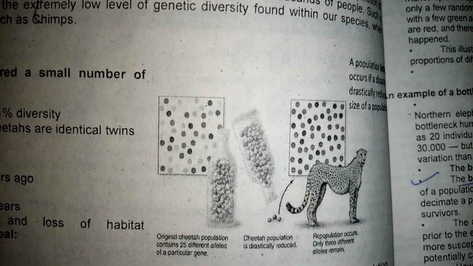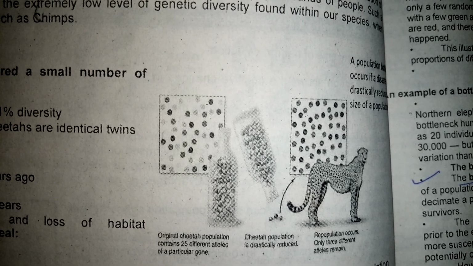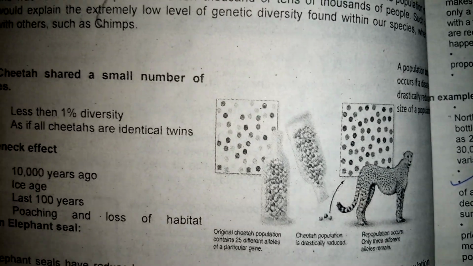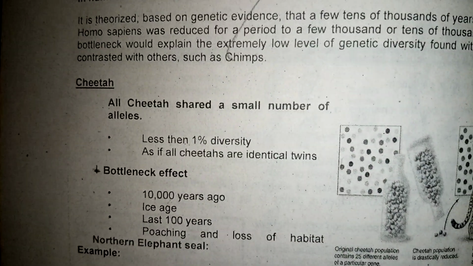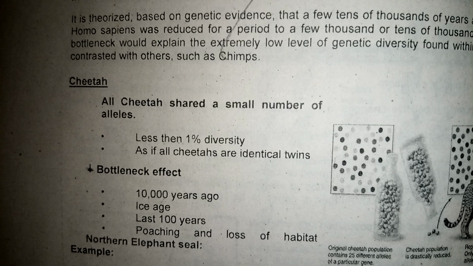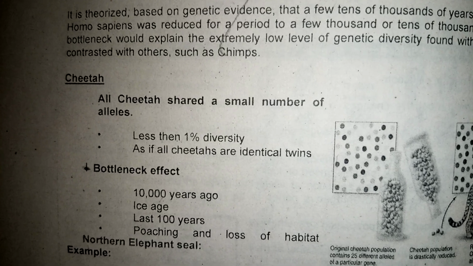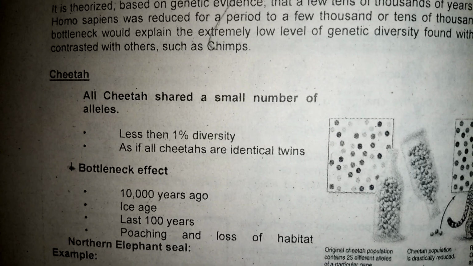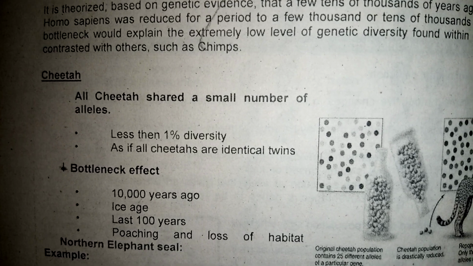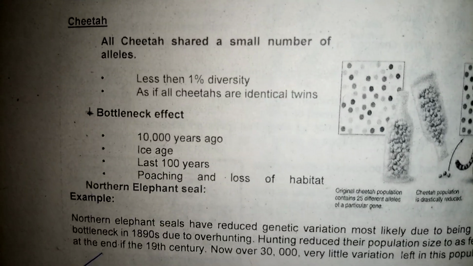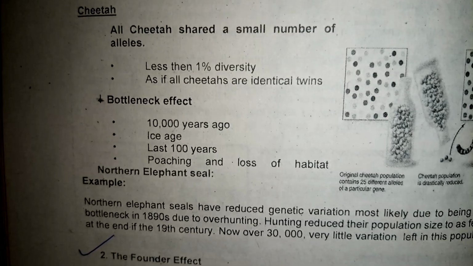The original cheetah population contained 25 different alleles of a particular gene. Bottleneck effect: 10,000 years ago, the Ice Age; in the last 100 years, poaching and loss of habitat.